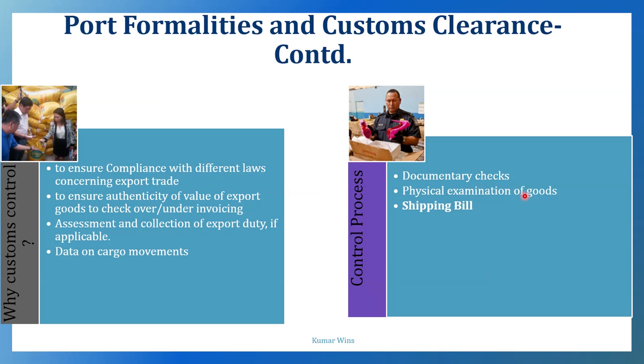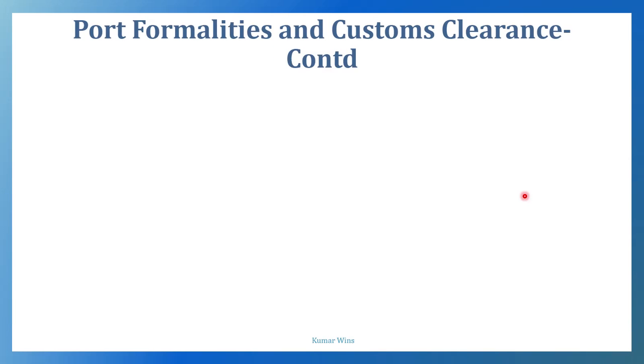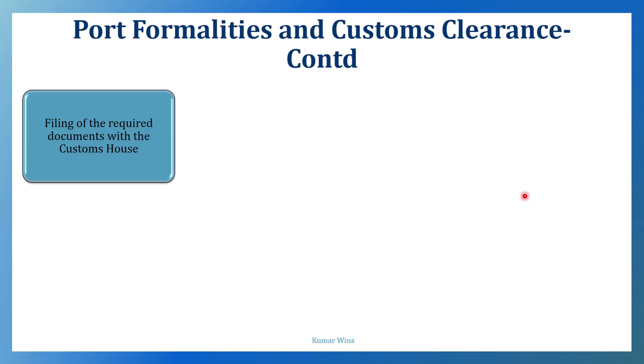And the document on which customs give clearance for export is the shipping bill. So on the shipping bill, the customs will give clearance for export. The clearing and forwarding agent is to file some documents with the customs house.